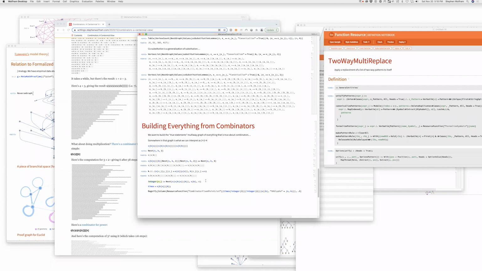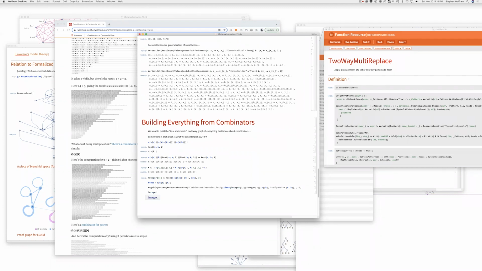That's some different integer. Huh. What the hell is that? What is that stupid creature? Yeah, that's strange.